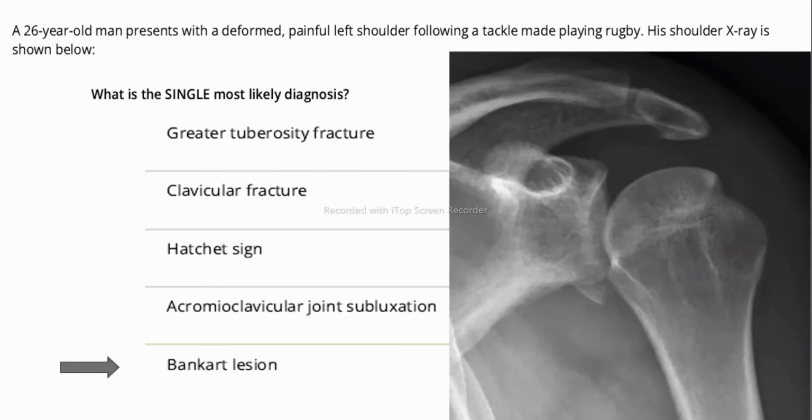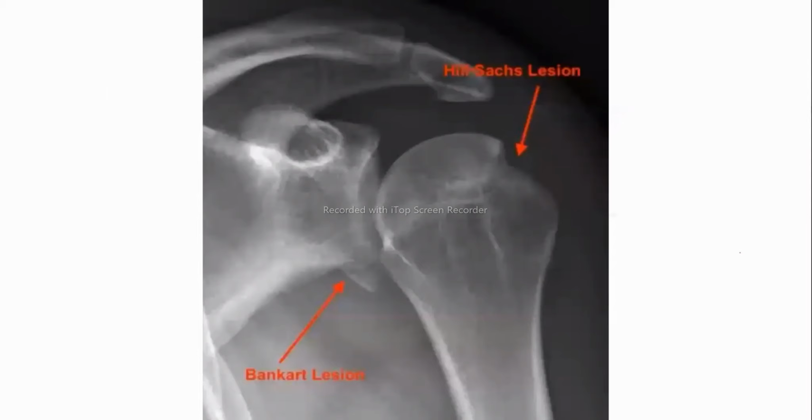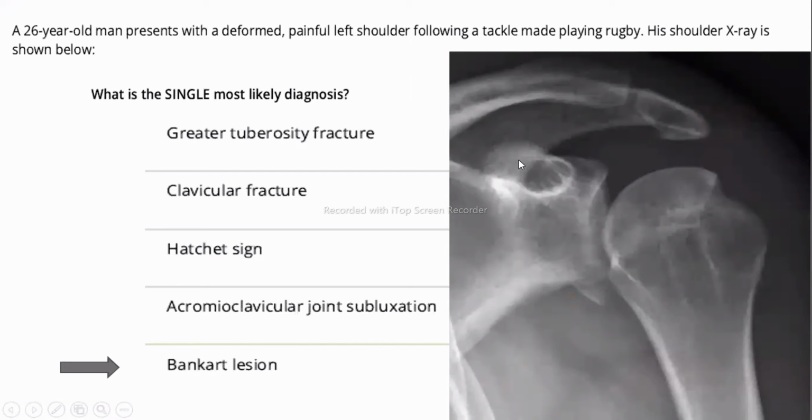So this one is a Bankart lesion, and this one is a Hill-Sachs lesion. So why did we not choose Hill-Sachs lesion? Because it is not mentioned in the options.